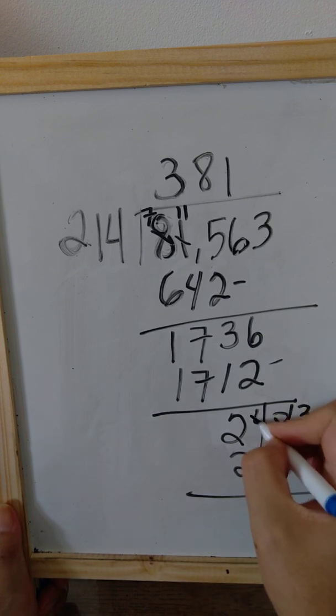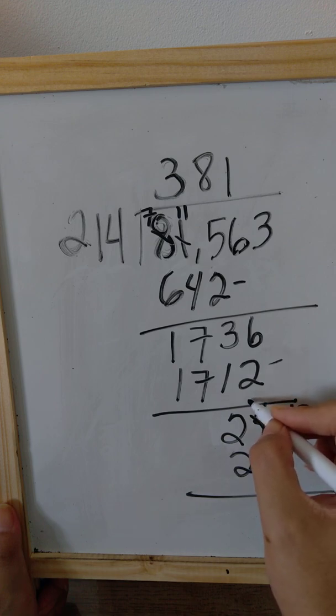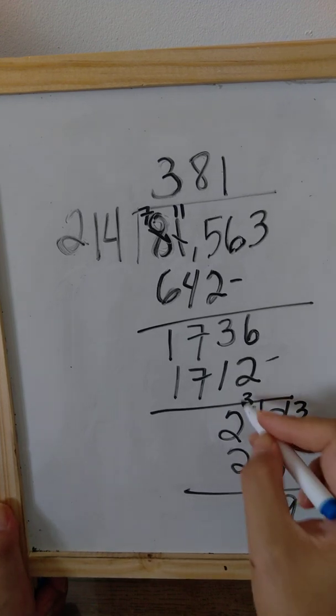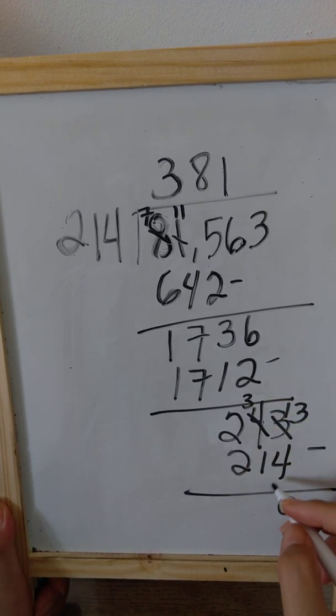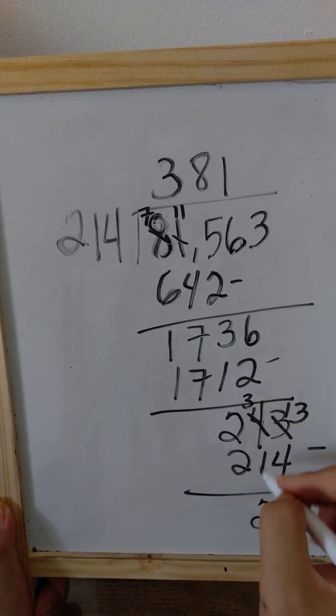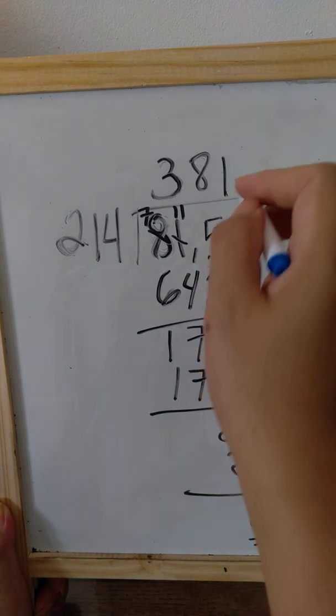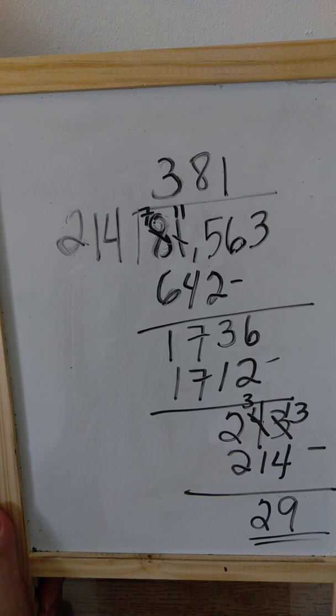So let's borrow 1 from 4, and then 4 will become 3, and then 3 will become 13. Now we can subtract. 13 minus 4 is equals to 9, and then 3 minus 1 is equals to 2, so the remainder is 29. The answer is 381 with the remainder of 29.